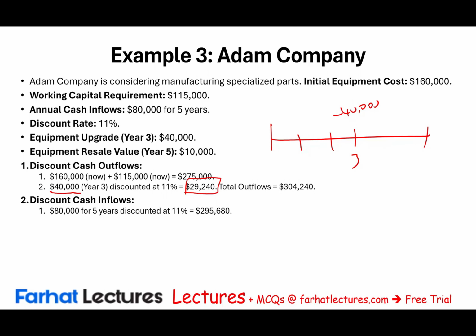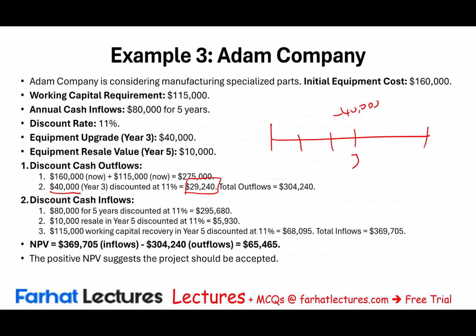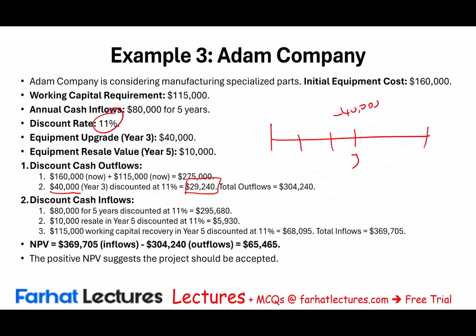So we go to the present value of a single amount table and the period equal to 3. This is the present value of $1, period equal to 3. And we go across, and I believe the discount rate for this problem is 11%. We look up the rate, which is 11%, which is 0.731.